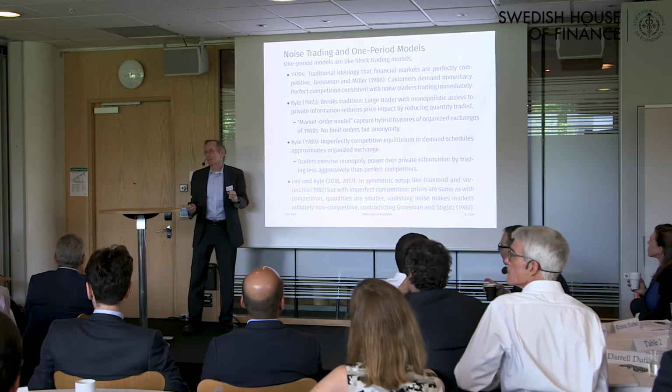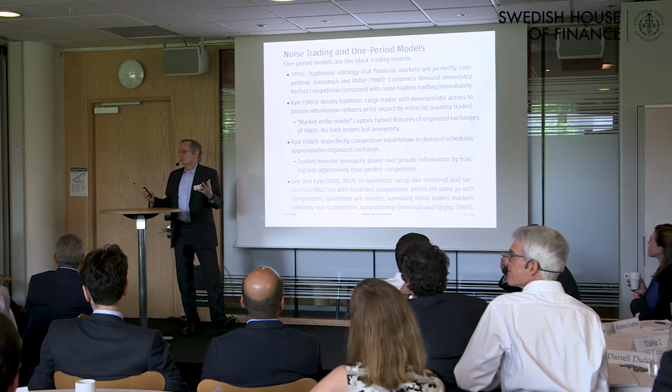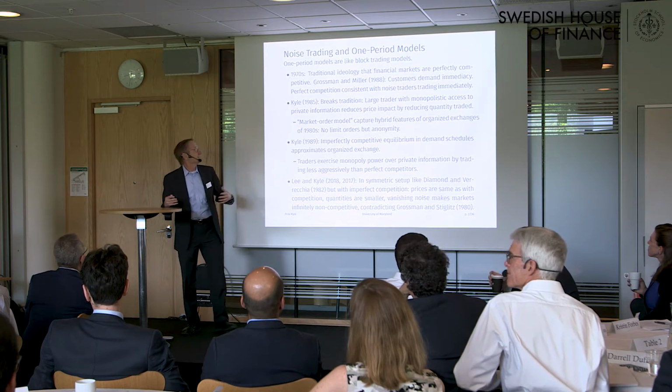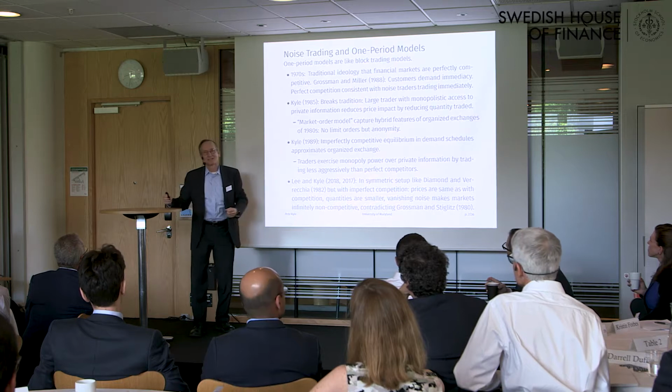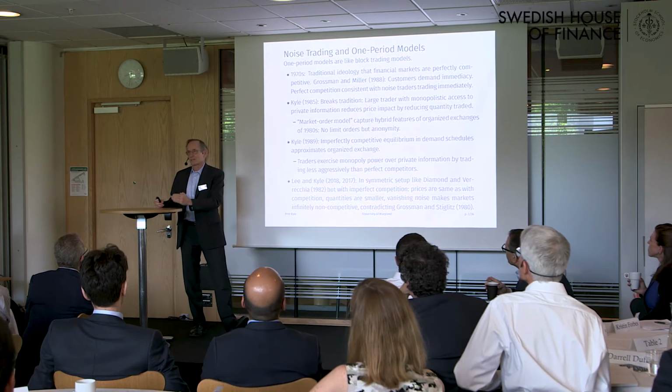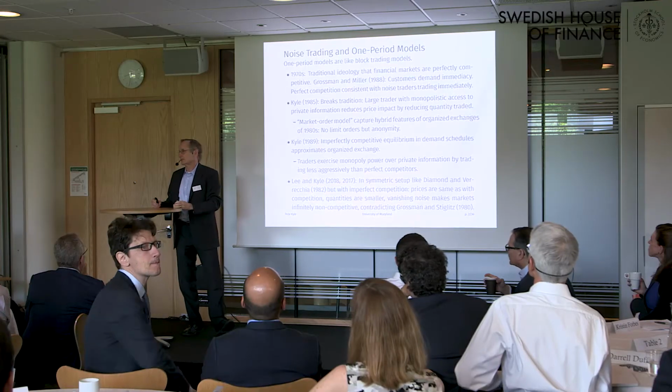One of the fundamental assumptions behind that, I think, is the ideology from the 1970s, that financial markets are perfectly competitive. So this Grossman and Miller modeling approach is consistent with the idea that financial markets are perfectly competitive.